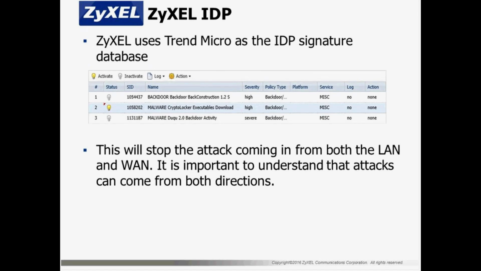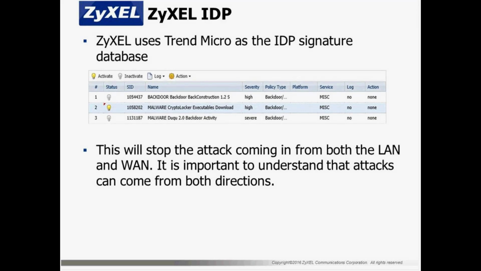We're using the best of breeds: the Siron for the content filtering, the Kaspersky for the antivirus, Trend Micro for the IDP signatures and applications. We can see the malware, CryptoLocker, executable downloads. We can see the backdoors, and we can actually stop this. We can activate them, we can turn them off, etc. We can log them, to see what people are doing in those different environments.